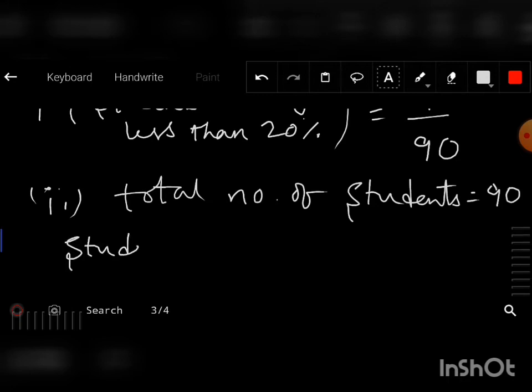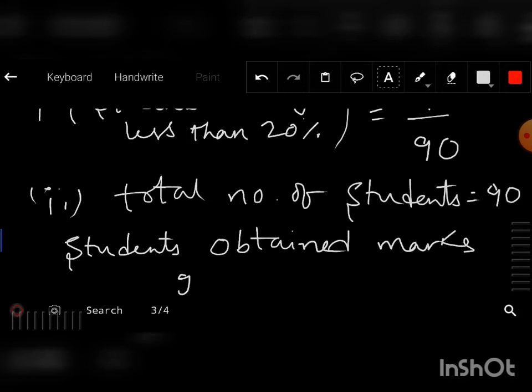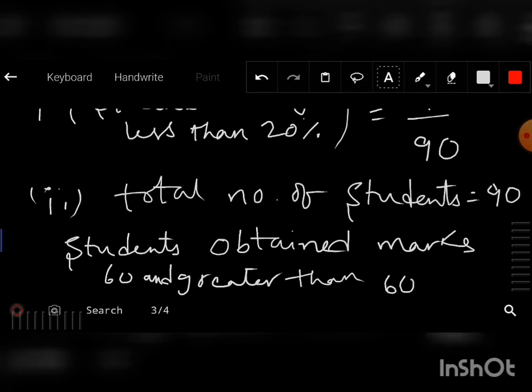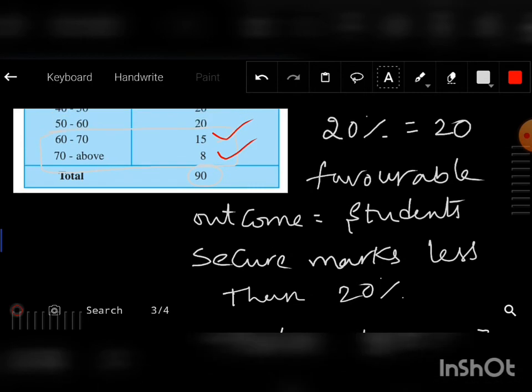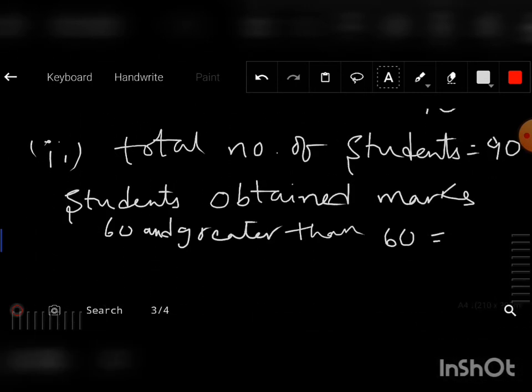Students who obtain marks 60 and greater than 60 equals 15 plus 8, which equals 23.